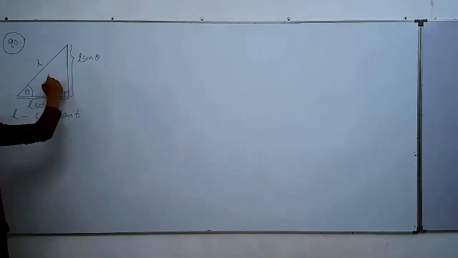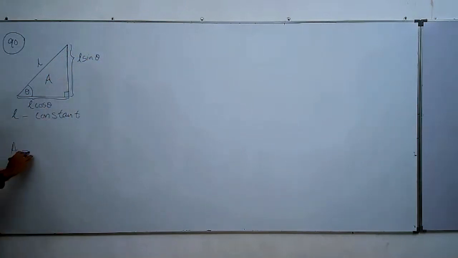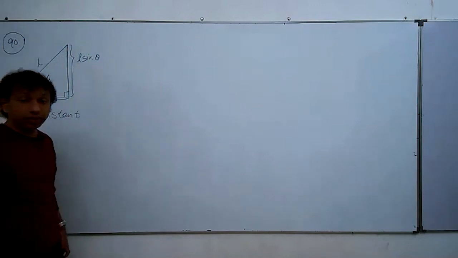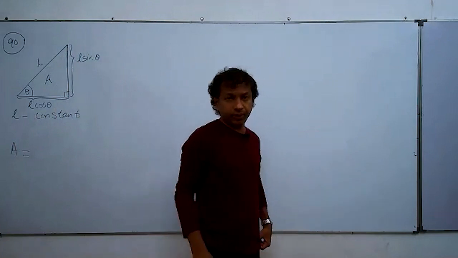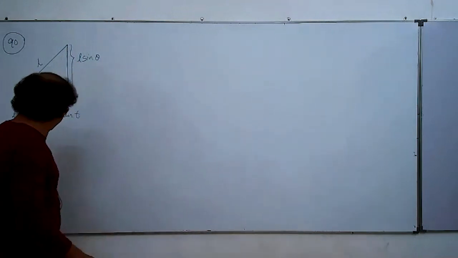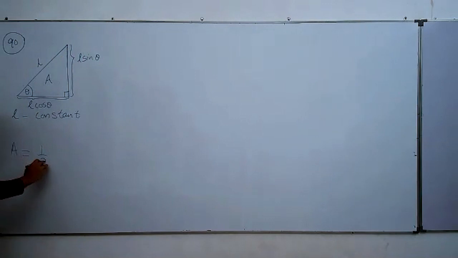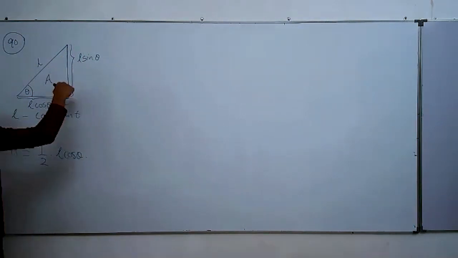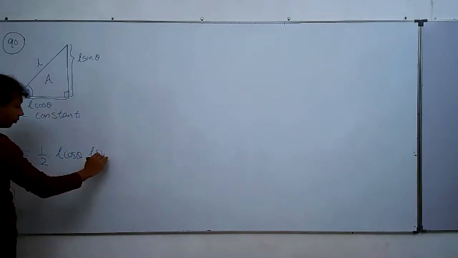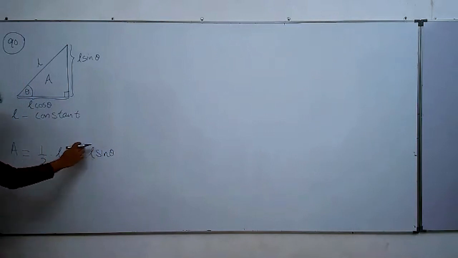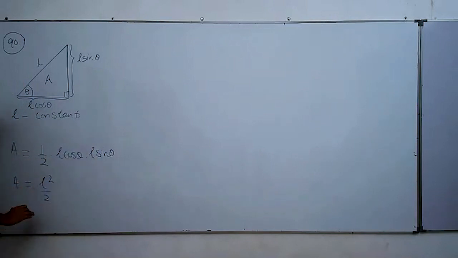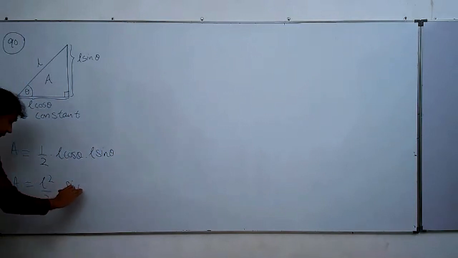If I take the area as capital A, you know the area of a triangle is half base into perpendicular height. Here, A: half, base is this L cos theta, height is this L sin theta. Then we can write L squared by 2 sin theta cos theta.